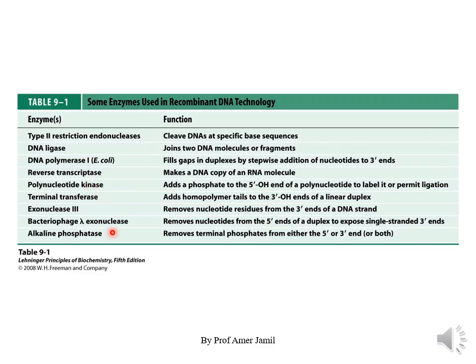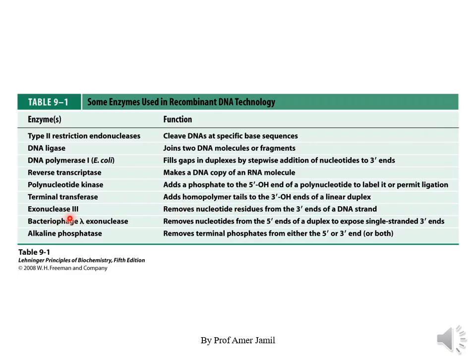As I mentioned earlier, I'm not going into much detail, but these are the major functions. Terminal transferase can add homopolymer tails to the 3' end, meaning if you want to add a stretch of any nucleotide, you can use this. For example, if you want to add a stretch of C's at the 3' end of any DNA, you can use this along with CTP, so these C's will be added over there.